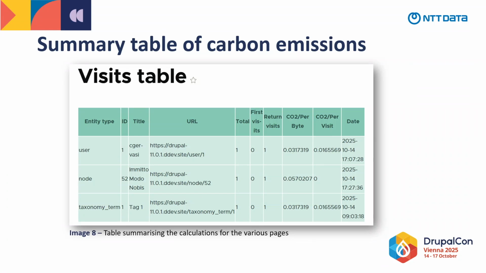Regarding having this information in real time on each of the pages, when you consult a page, you can also check this in the back office of your websites, where you have a summary table with the last calculation for each of the pages, and also the total number of visits, return visits and first visits for each page. Initially, we only had this for the node pages, but since the last time we presented this at Drupal Iberia this year, we updated the implementation and also made it available for taxonomy term pages and also for user pages.